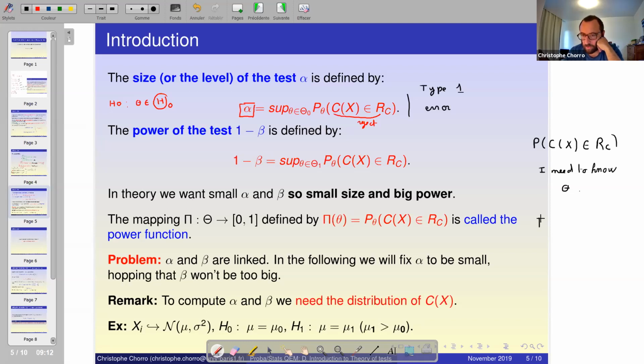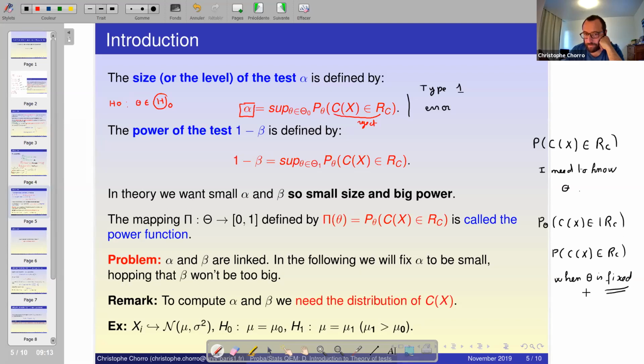What I call P theta of C x belonging to Rc is just P of C x belonging to Rc when theta is fixed.